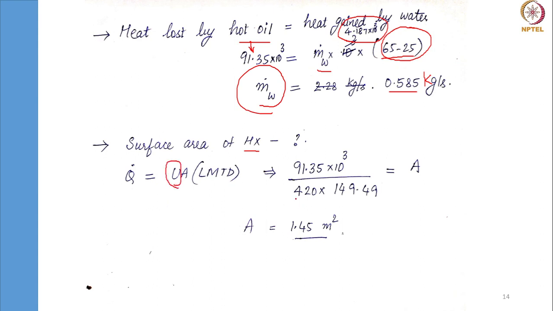It is 420 watt per meter square Kelvin. LMTD was already calculated. It is 149. Q dot was also calculated by us. It is 91.35 into 10 cube watt. So the heat exchanger surface area comes out to be 1.45 meter square.